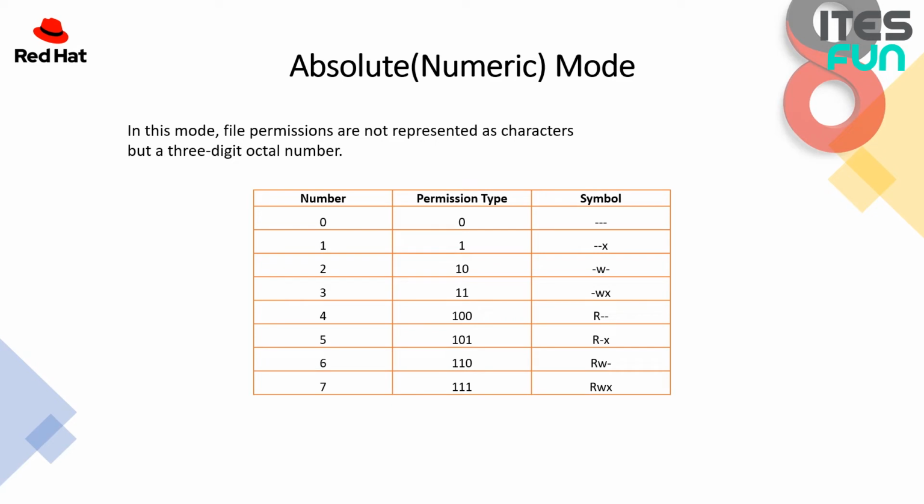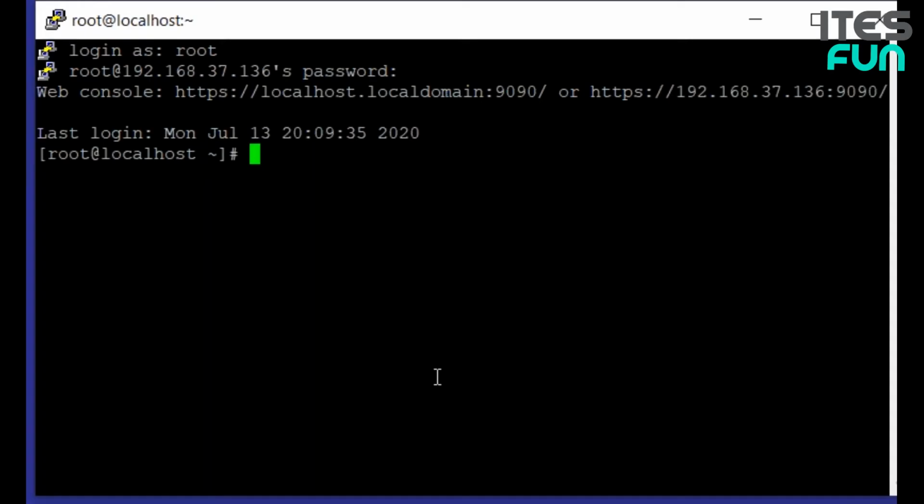Let's walk through a practical session of them, and I hope you will understand it better. Let's take an example of changing ownership and permissions. First, let's go to the root directory and create a file named xyz.txt.